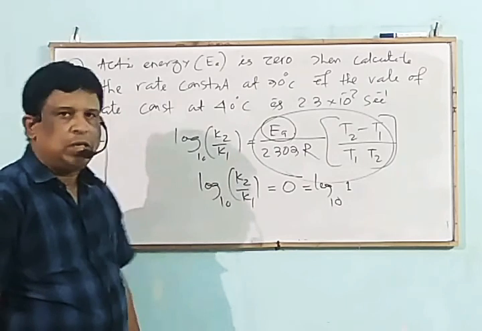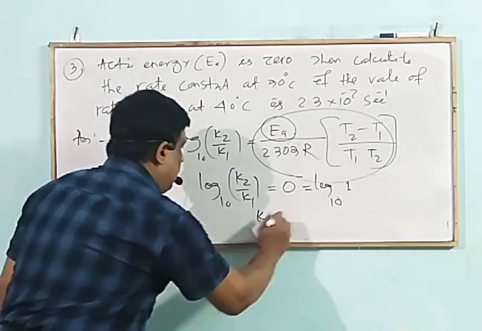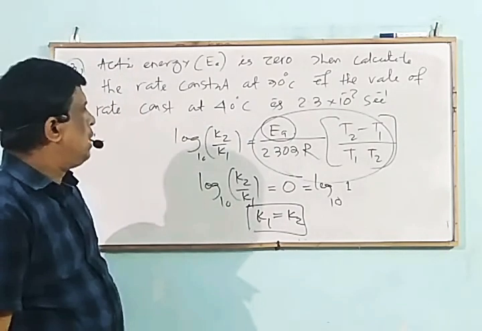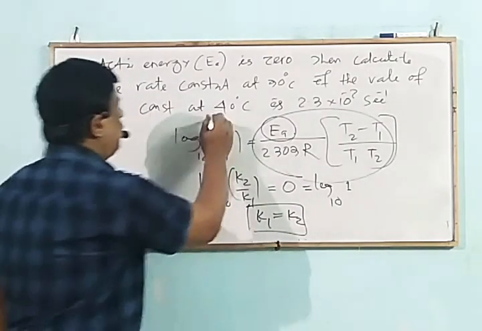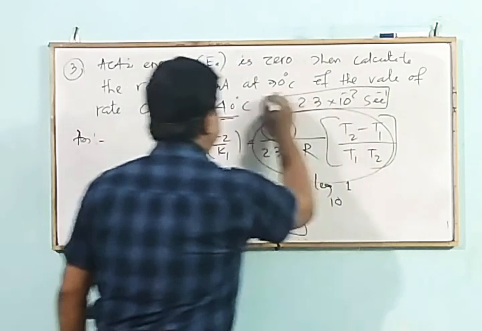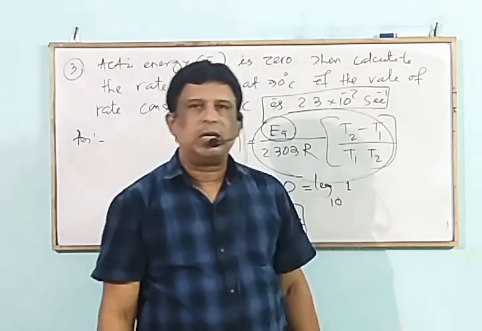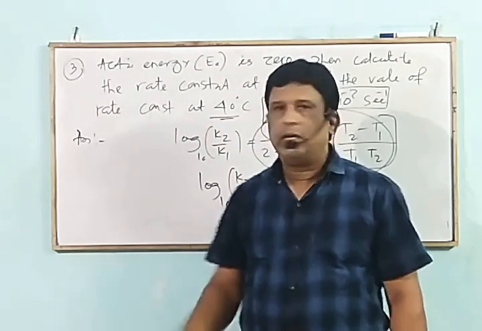So from this expression it is clear that K1 is equal to K2. That means temperature has no role here. At 40 degrees centigrade this is the rate constant value. Similarly, at 30 degrees centigrade the rate constant is also the same because K1 is equal to K2.